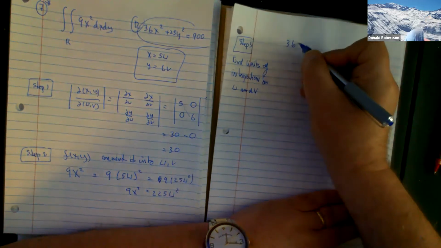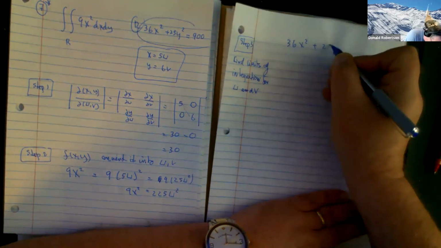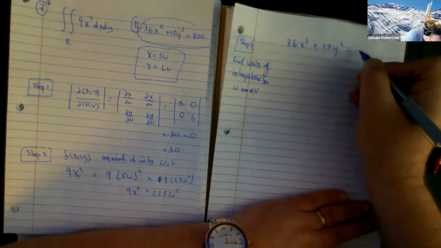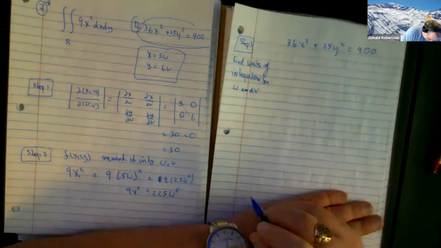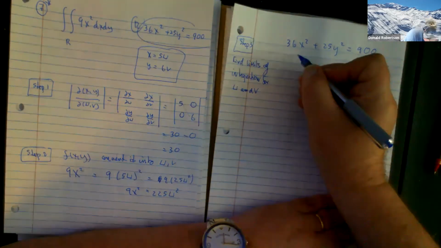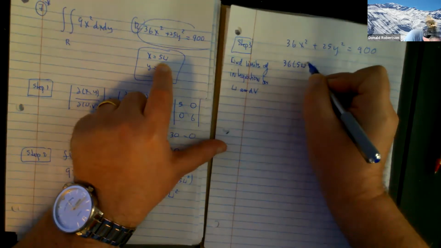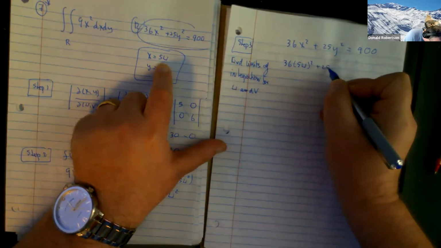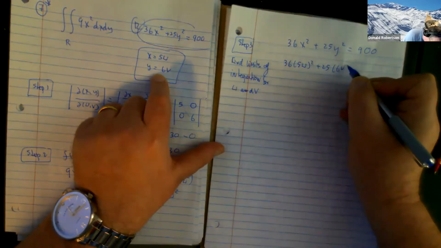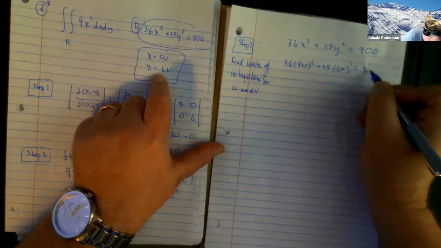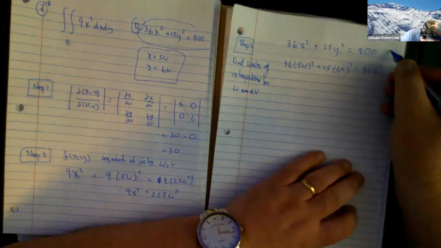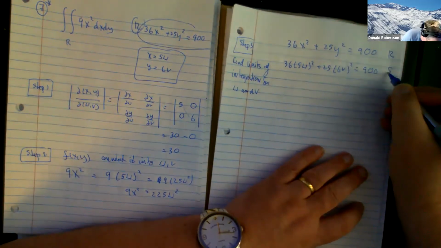I'll start off with the region that they gave me. I'm going to replace the x with 5u, and I'm going to replace the y with 6v. And so in terms of x and y, this region R is going to turn into this region S.